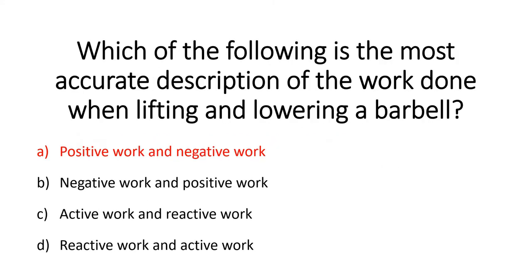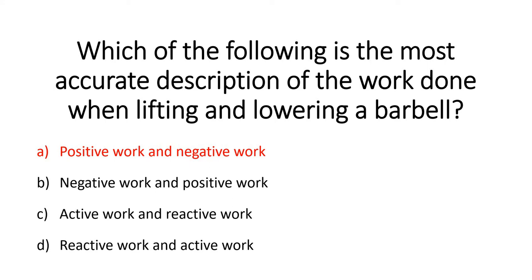Positive and negative. So the concentric or lifting phase is where we perform positive work. So work is done onto the barbell because we are expending energy moving that barbell into a different position.